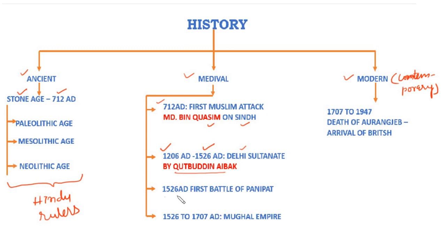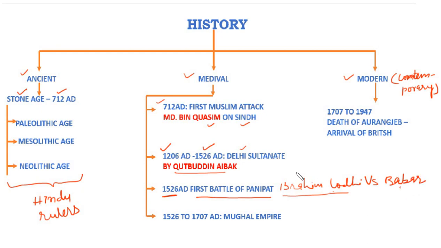In 1526 AD, there was the first Battle of Panipat. Here what happened? A ruler of the Delhi Sultanate called Ibrahim Lodi was the ruler of Delhi at that time. This person was attacked by another person called Babur, who came from Fargana.